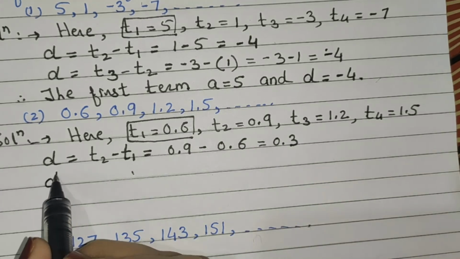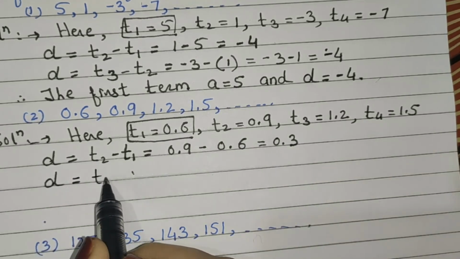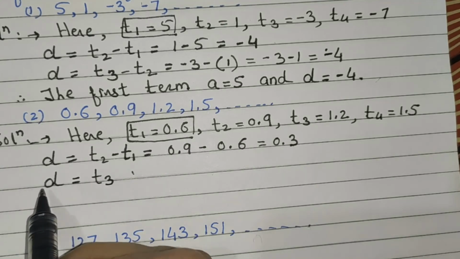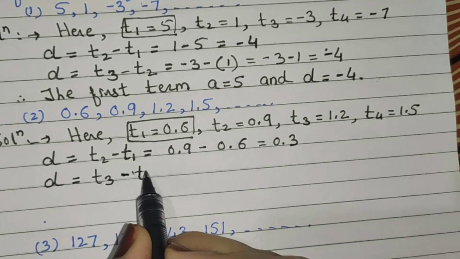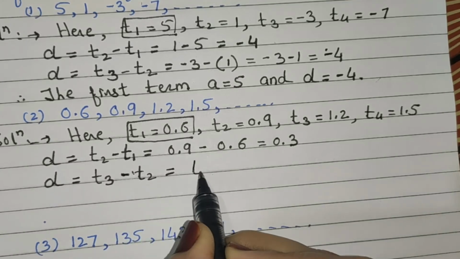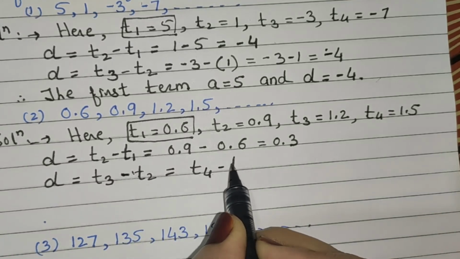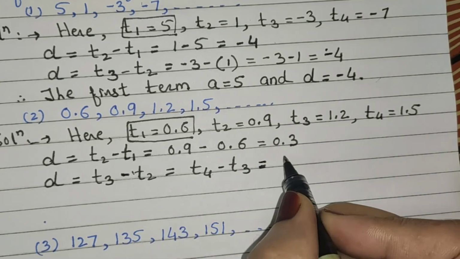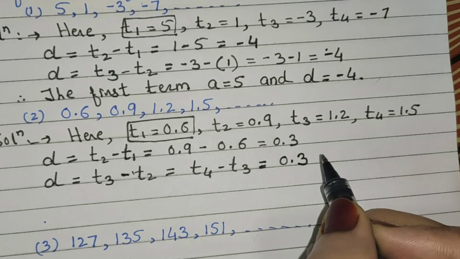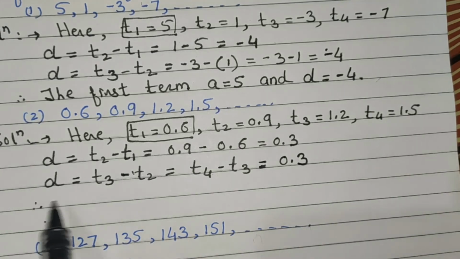Therefore it can be written as D is equal to T3 minus T2, which is also equal to T4 minus T3, and the value of D is equal to 0.3. Therefore, write down the answer here.